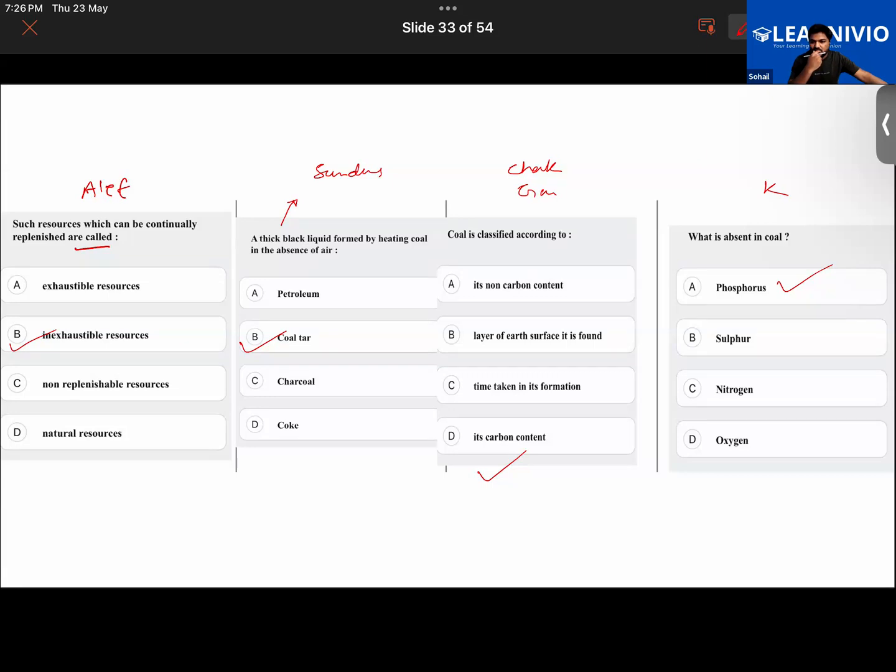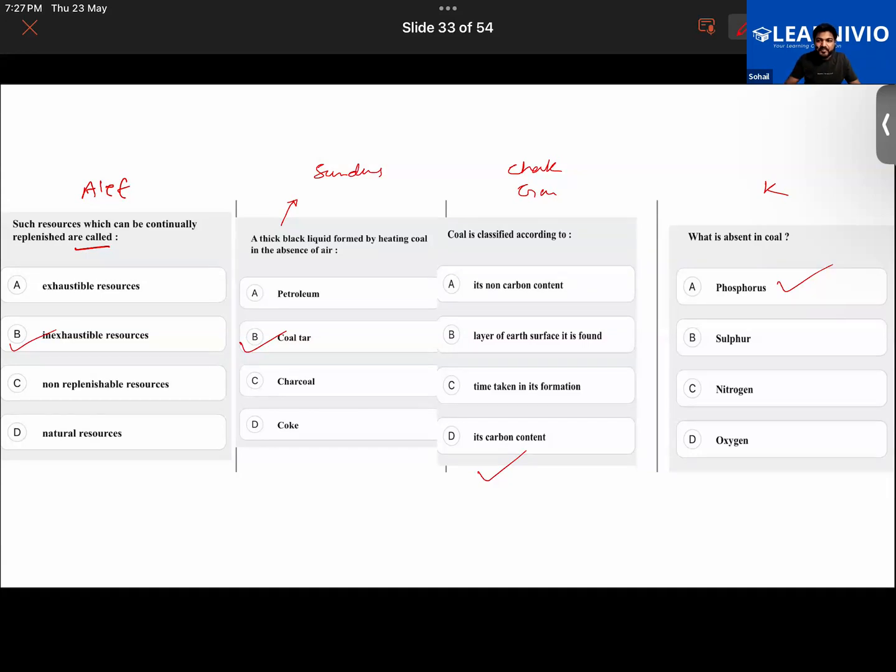Khadija, Sundus, Alif. Okay, no worries. Yes, Khadija, that is correct. My question was, what are the different types of coal found in nature as per their increasing carbon content? Yes, that is correct, Chakrika. Very good. Yeah, Gauri, that is correct. Yes, Alif. My question was, what are the different types of coal found in nature as per increasing carbon content in them?